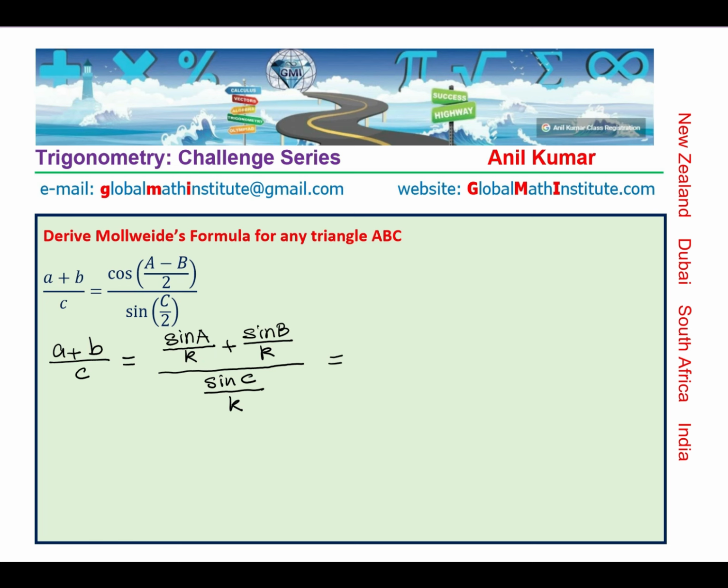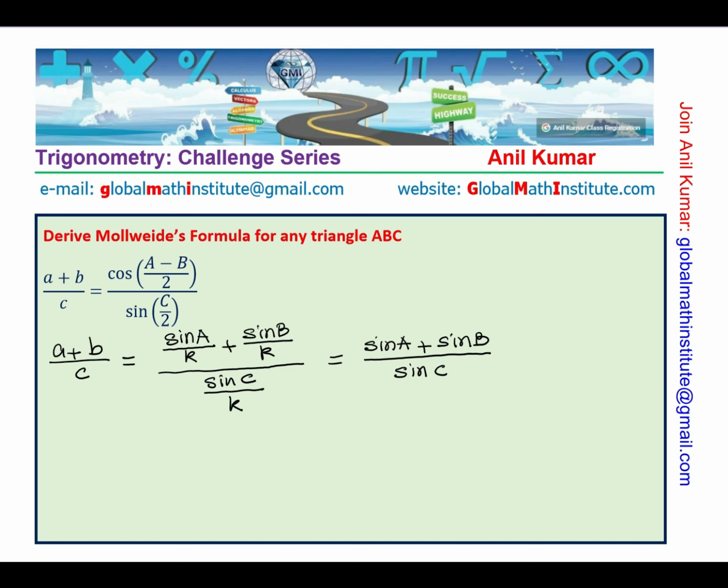These constants cancel away, just multiply by K in the numerator and denominator, which gives us sine A plus sine B over sine C. So we wrote (a plus b) over c as (sine A plus sine B) over sine C.